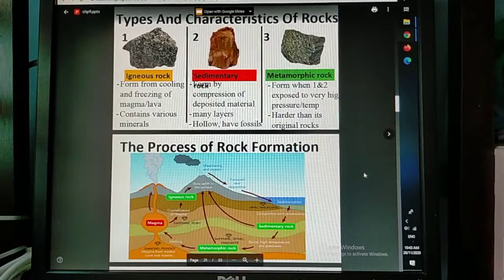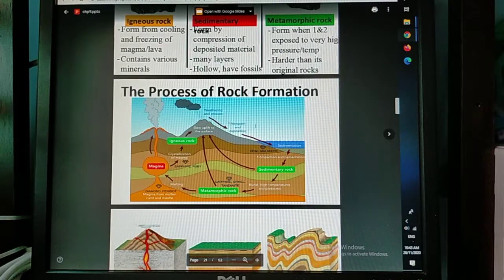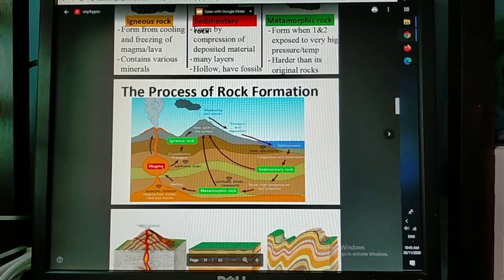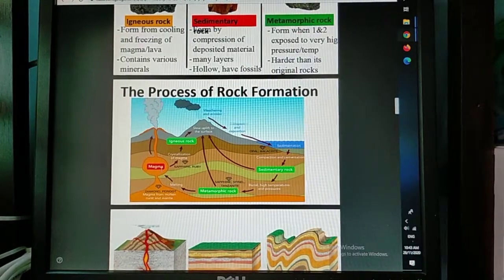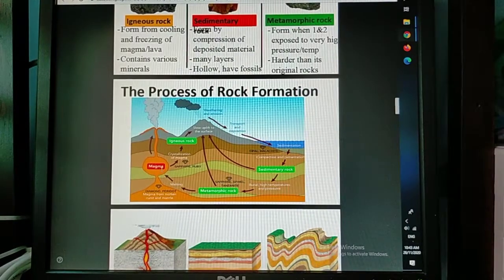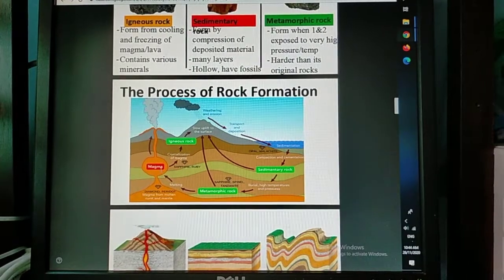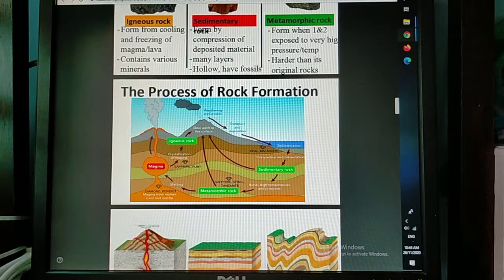Then we are going to see the process of rock formation, how rock is formed. This diagram shows very important information. Magma is the hot liquid that is found inside the volcano, stored before the volcanic eruption occurs. After the eruption occurs, the magma will go out and spread out.